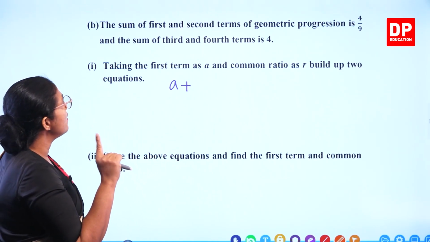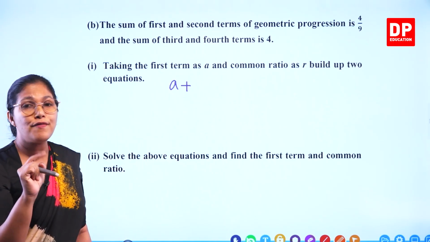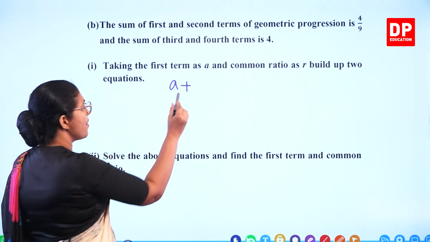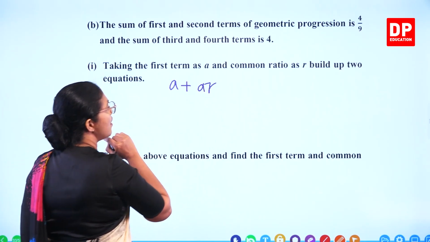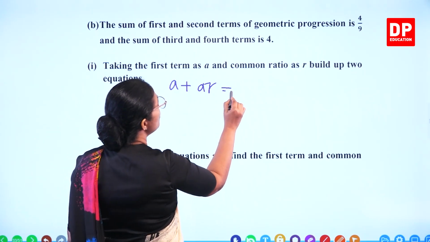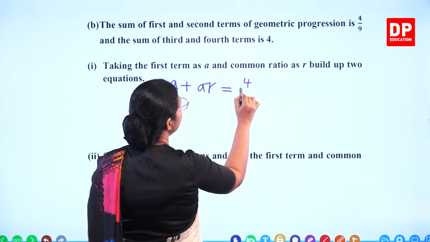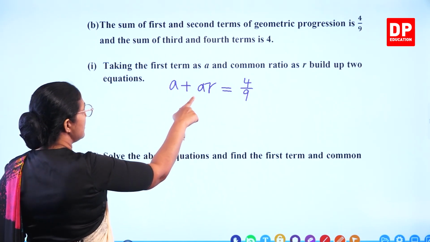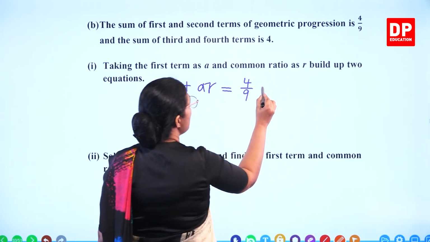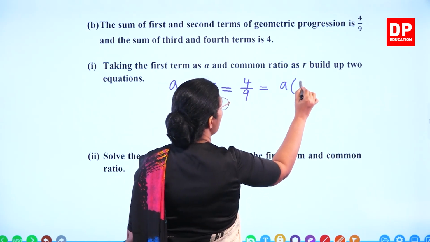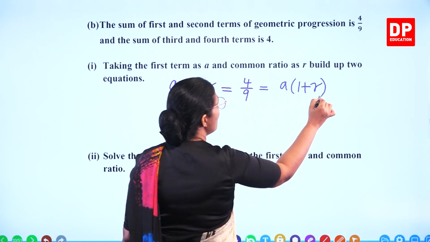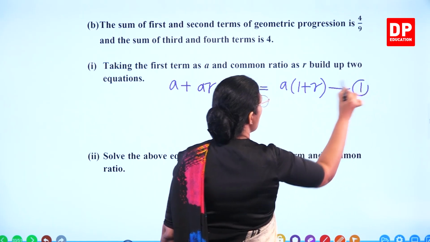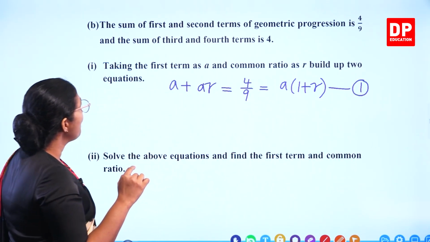If you know the ratio is R and first term is A, AR is equal to 4 over 9. So I can take A out and write down 1 plus R. That's your first equation.